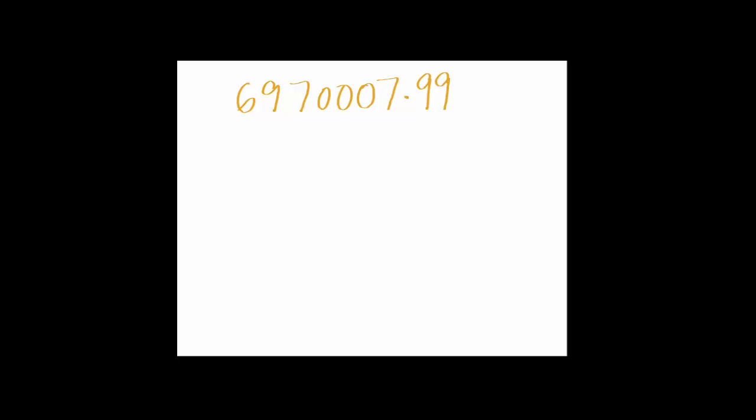I need to always check that my final number must be in the range of 1 to 1000. And again, we are converting into engineering notation, meaning the movement of the decimal place must be multiples of 3. So if I move 1, 2, 3, I'm going to end up with 6970. But that number is not in this range. So I need to go 3 more places.